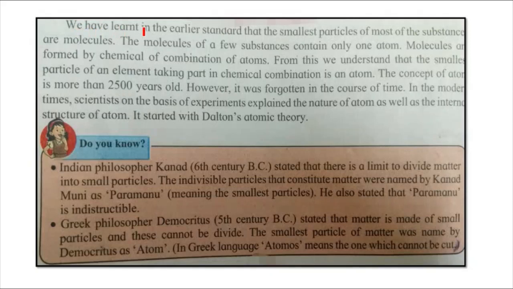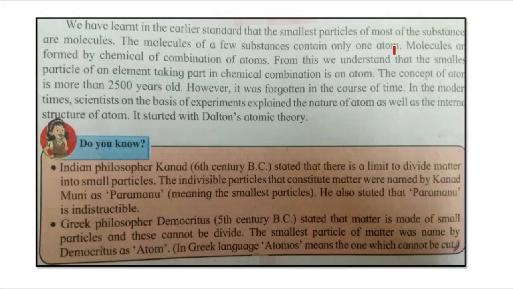Children, we have learned in the earlier standard that the smallest particles of most of substances are molecules. So, most of the time, the smallest particles are molecules and not just single atom. The molecules of a few substances contain only one atom.